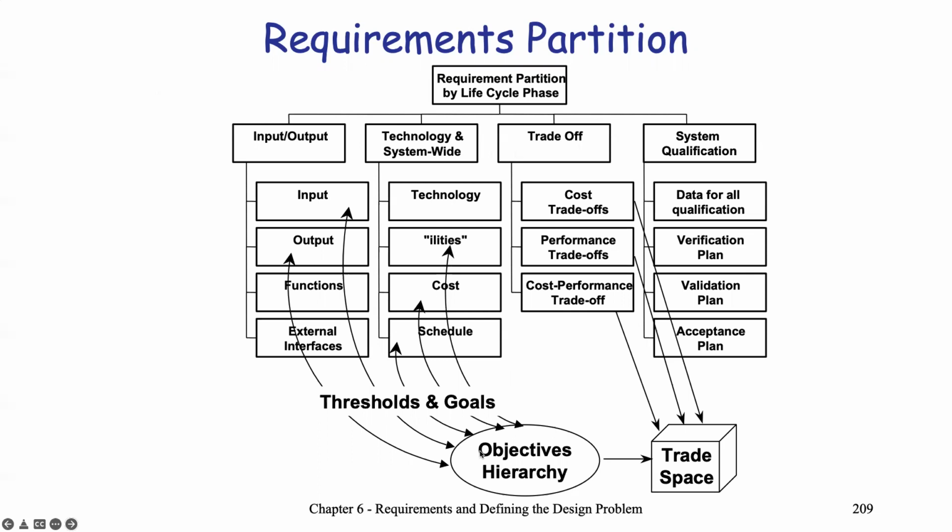Each of these things can start to be looked at, and we can be creating an objectives hierarchy. We can be doing a trade space for how we're going to be doing different things. And so trade with cost, performance, and cost and performance both together. Those are the things that we're going to be in the mix for doing a requirements development.